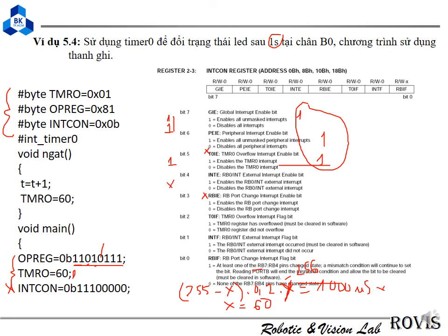This one we don't care about because it is for the external interrupt, another function. Then this one is the TOIF flag, which every time we will set to not overflow. Then 0 here, and this is 0. And we have this program.